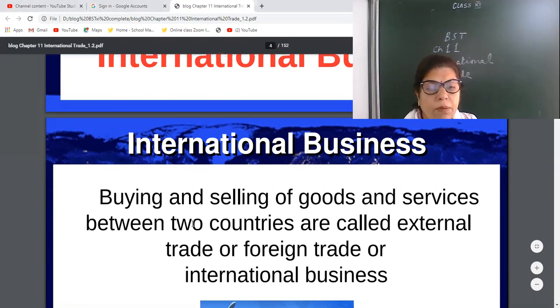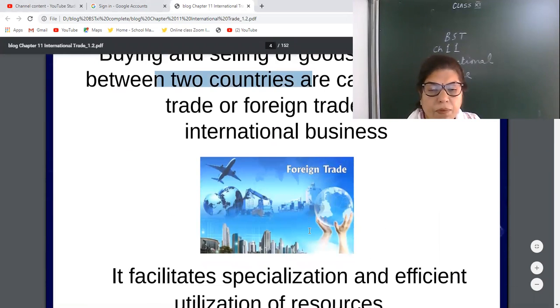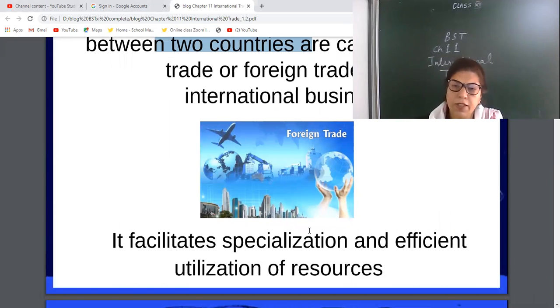See, underline between two countries. What is the benefit of foreign trade? I am going to explain, but it facilitates specialization and efficient utilization of resources.